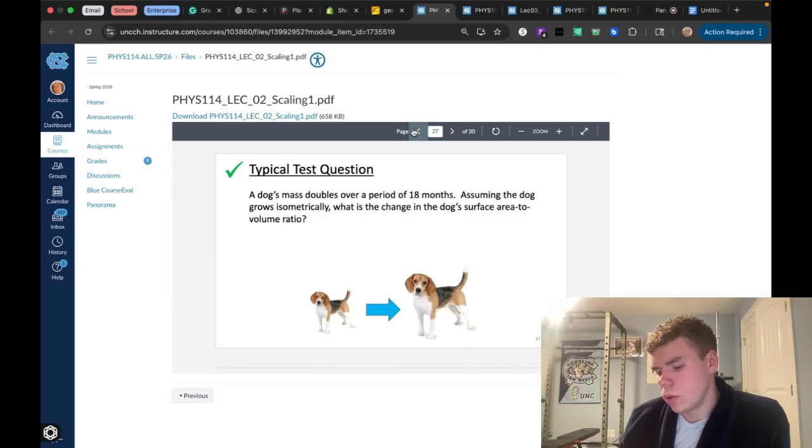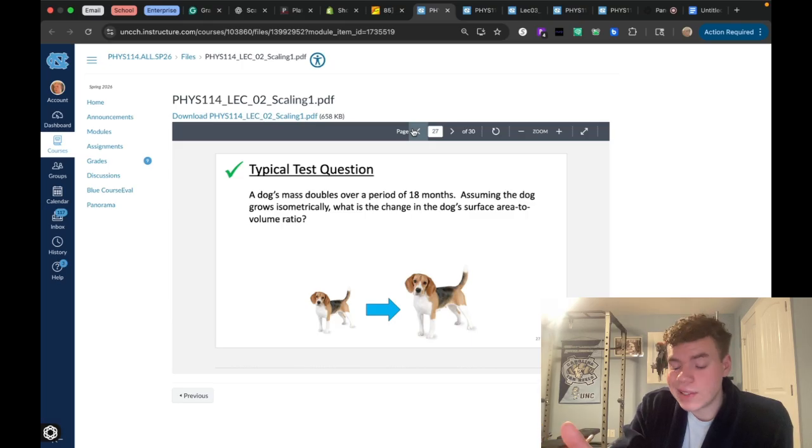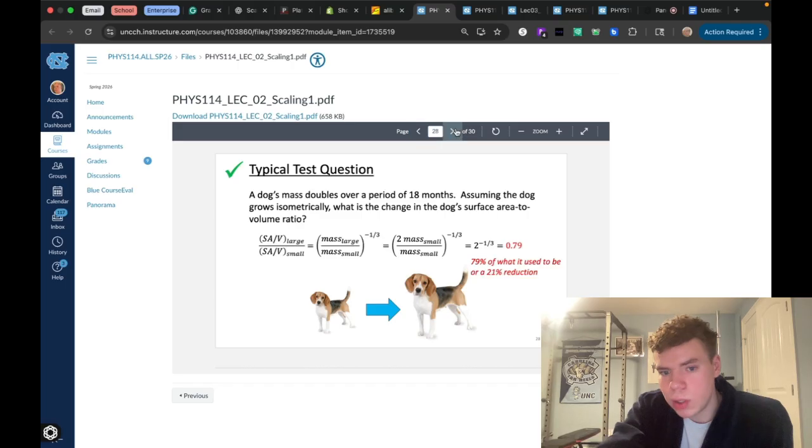If we know that surface area divided by volume is equal to mass to the negative one third, and the mass doubles, then you just multiply mass by 2. So the ratio, wouldn't it just stay the exact same, you would think?